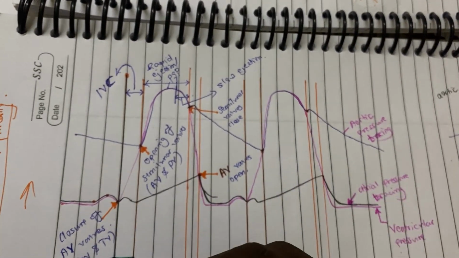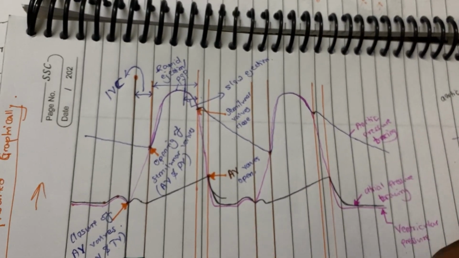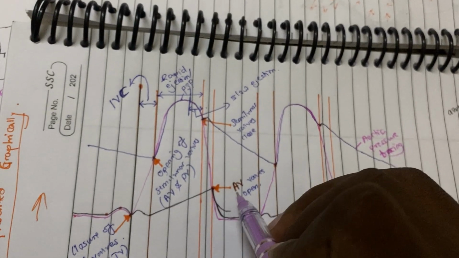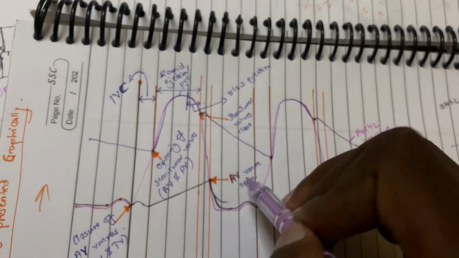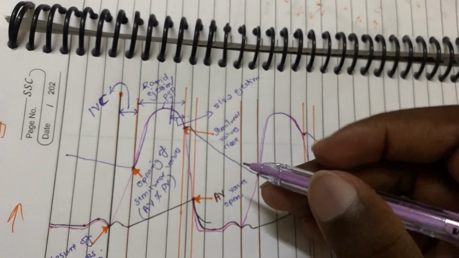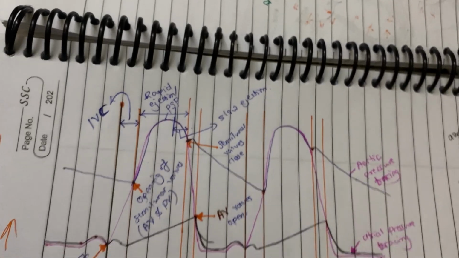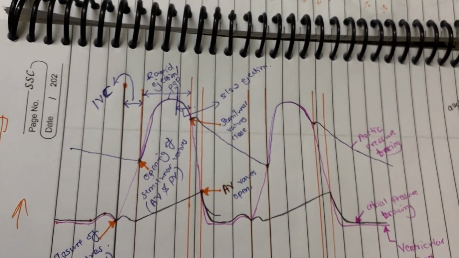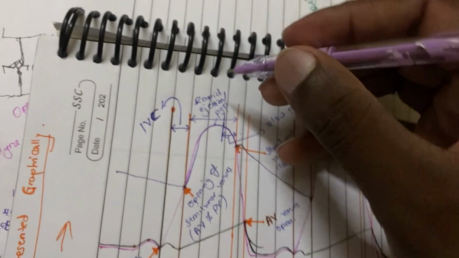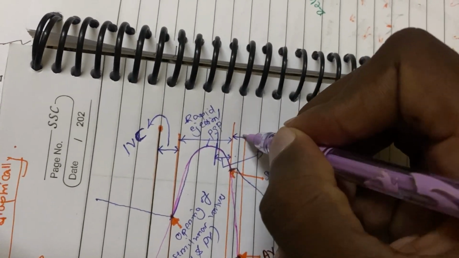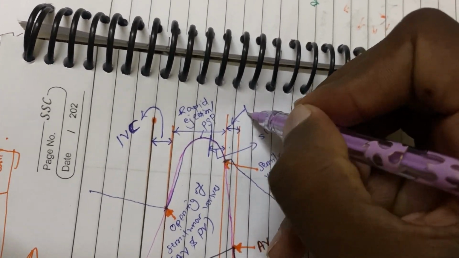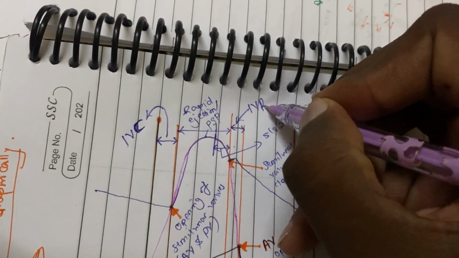Atrioventricular valves open. Mitral valve, tricuspid valve open. So after the closure of semilunar valves, but before the opening of atrioventricular valves, there is a time here where the volume is constant. The volume is constant, but the time is moving, and this phase is isovolumic relaxation.